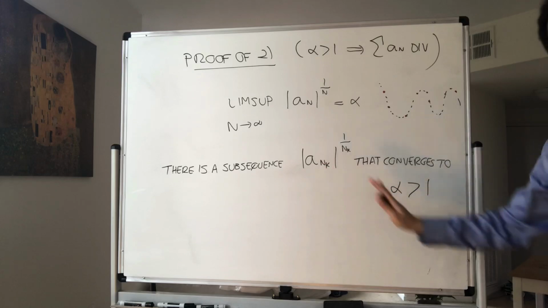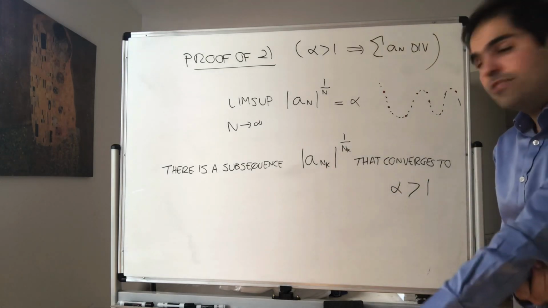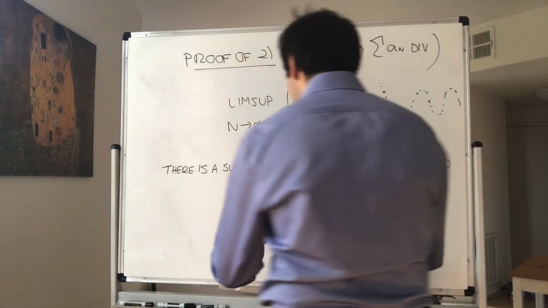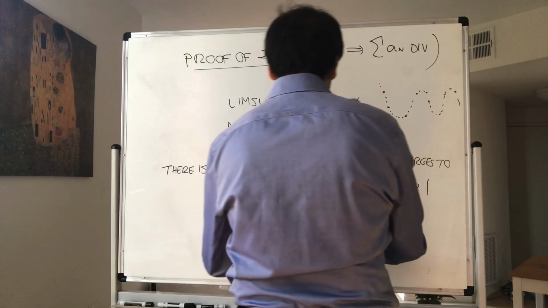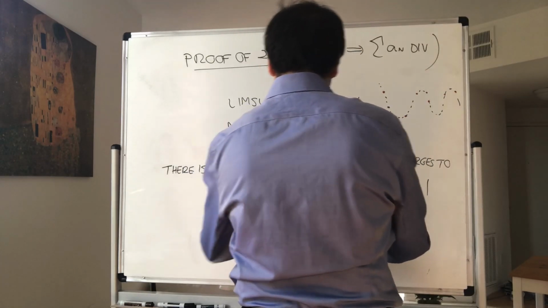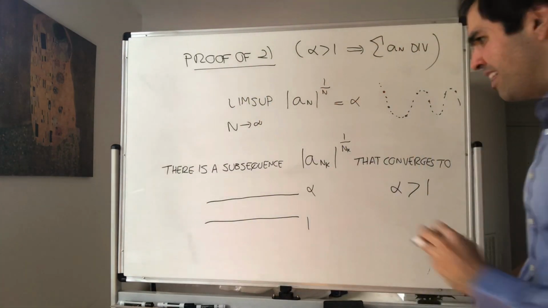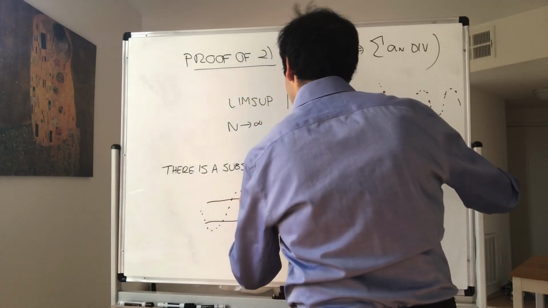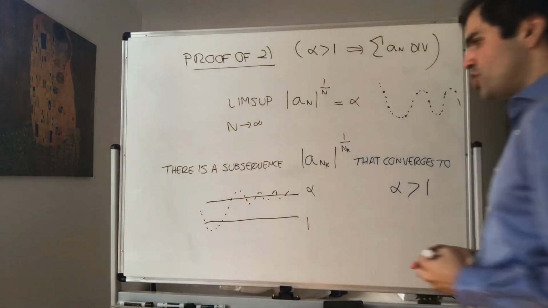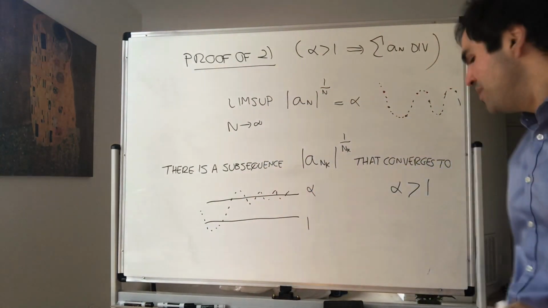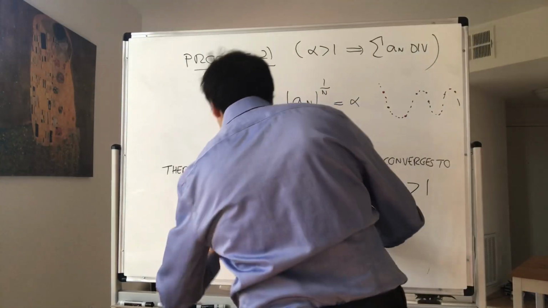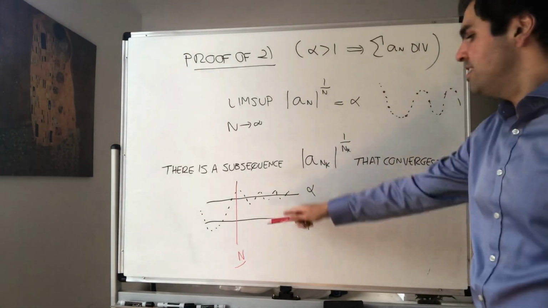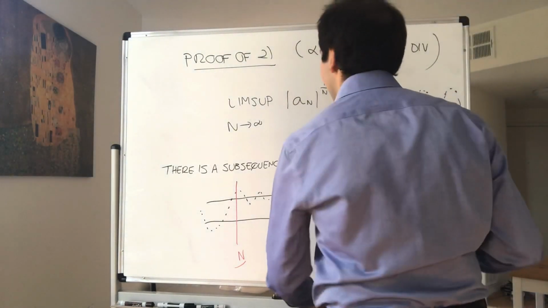But forget about subsequence for a second. What does it mean for a sequence to converge to something bigger than 1? So this is 1 and this is alpha. You can rigorously show that if a sequence converges to alpha, then for sure, eventually, it must be bigger than 1. So there's some threshold, let's say capital N, such that after that threshold, your sequence is bigger than 1.